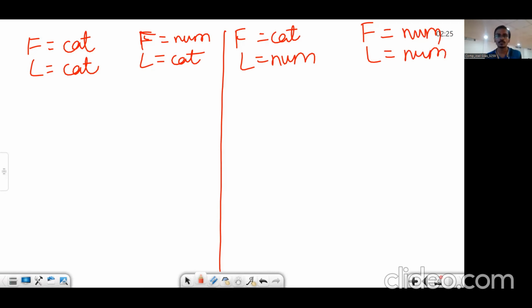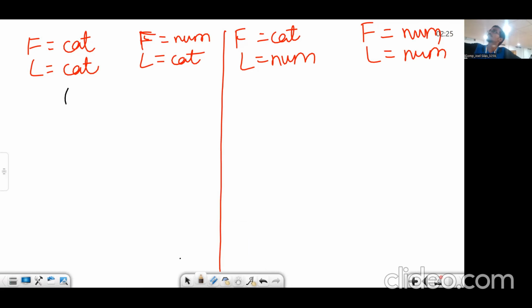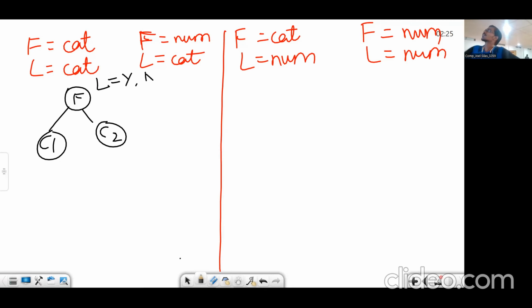So here we have seen all 4 cases in which we'll take a particular feature. For this particular case, we select one feature and it has categories like C1, C2. Initially, the labels are, suppose, yes and no. Then if the number of yeses is 5 and the number of no's is 4, then after splitting the labels yes and no will be what?